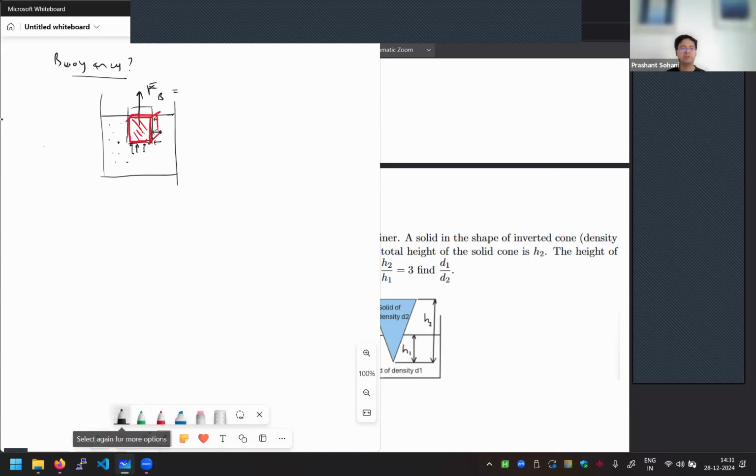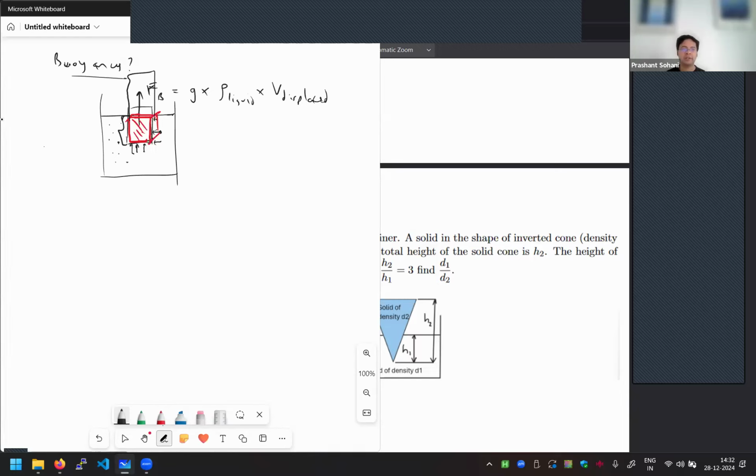So the buoyant force is given by, as we derived last time, gravitational acceleration times the density of the liquid times the volume of the displaced liquid. In this diagram, for example, this red cube is the volume of the displaced fluid. The actual object can be as large as possible at the top, that doesn't matter. Only this part matters. So this is what the buoyant force is.